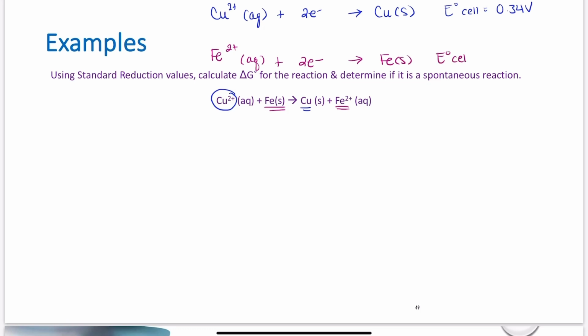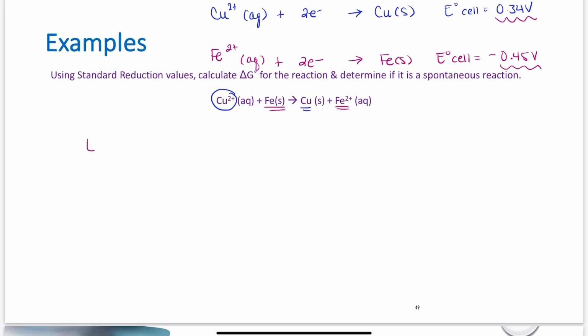The cell potential here is positive 0.45 volts. Or I apologize, that is a negative value. Getting ahead of myself. Negative 0.45 volts. So this one is going to be reduced. This is going to be oxidized, which is what we see in the reaction as well. So everything's matching up to what we see in the reaction.